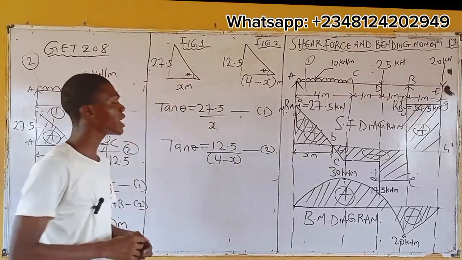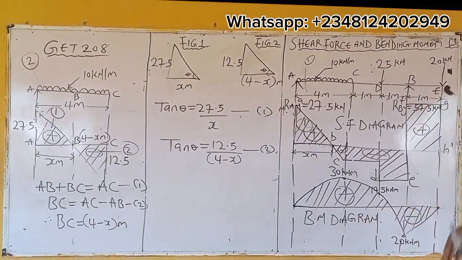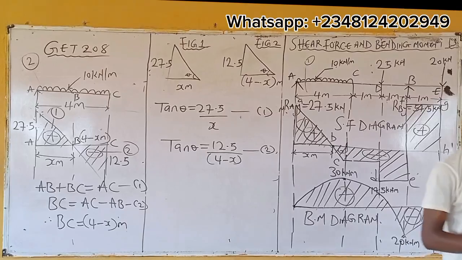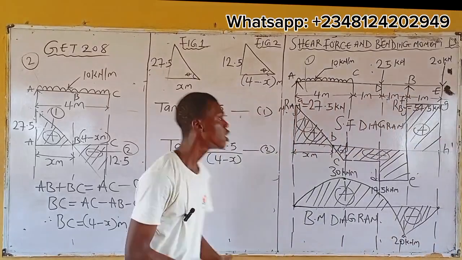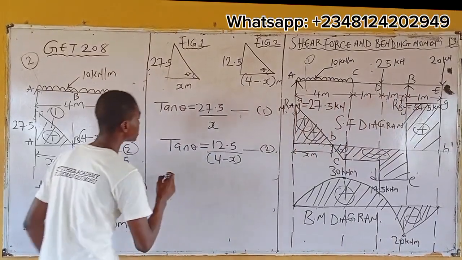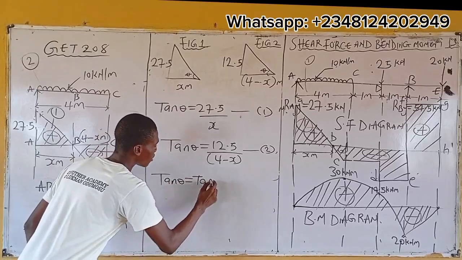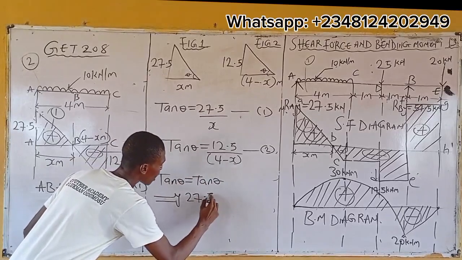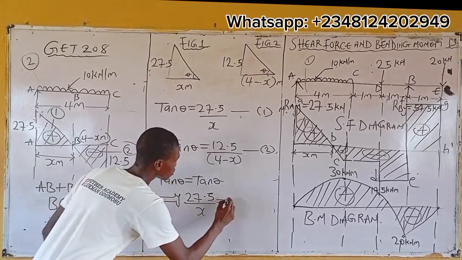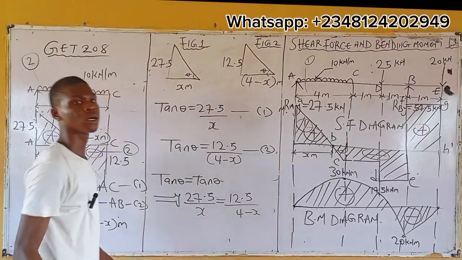Now, your next step, after all this process, is to equate equation 1 and equation 2. Why are you equating them? From equation 1, it reads tan theta, and from equation 2, it also reads tan theta, which implies 27.5 over x is equal to 12.5 over 4 minus x.